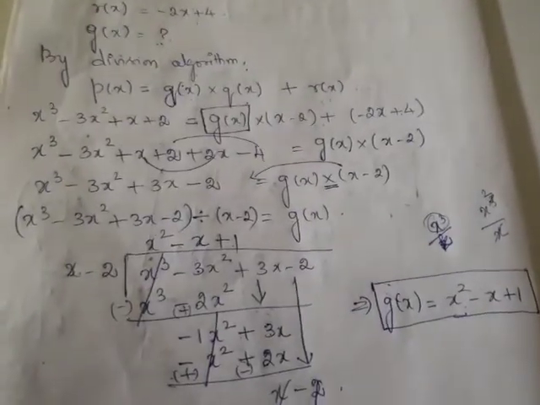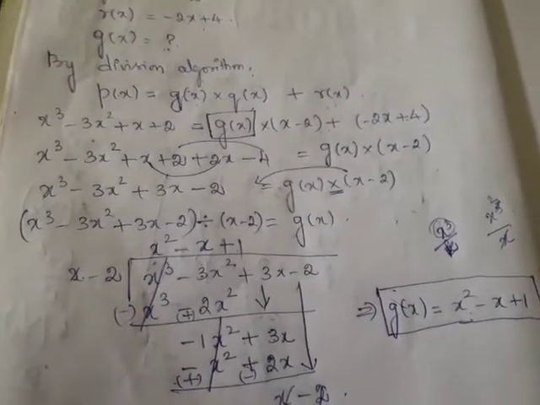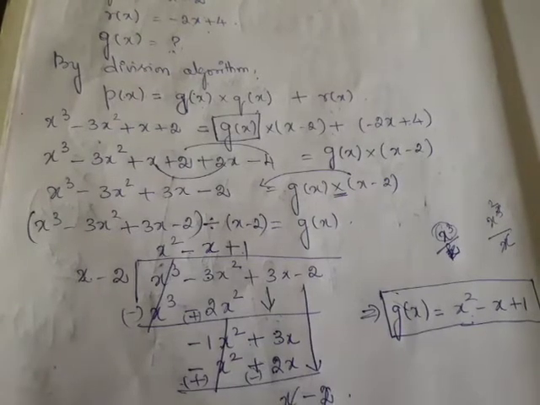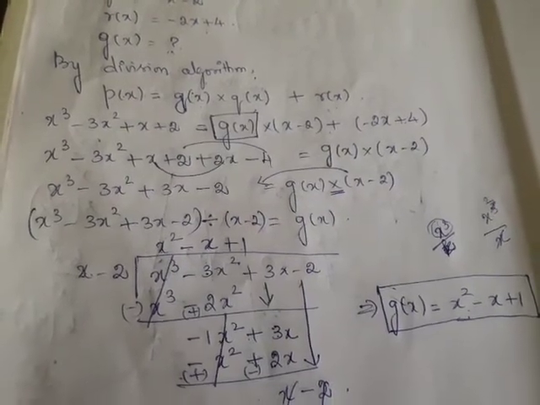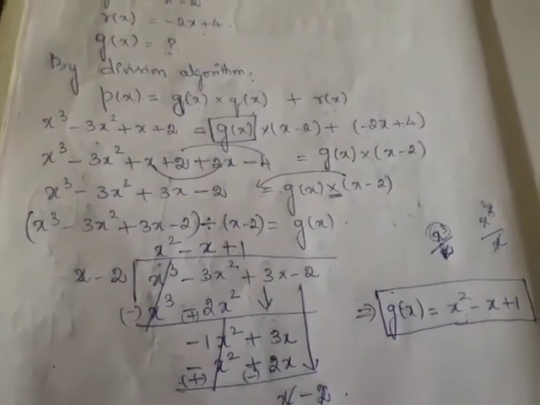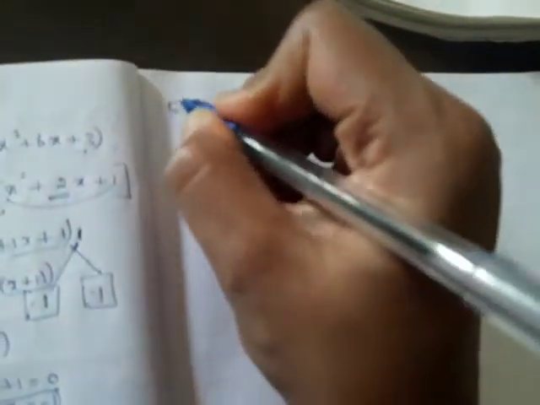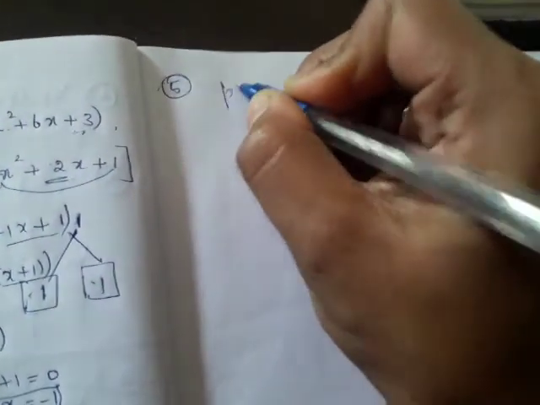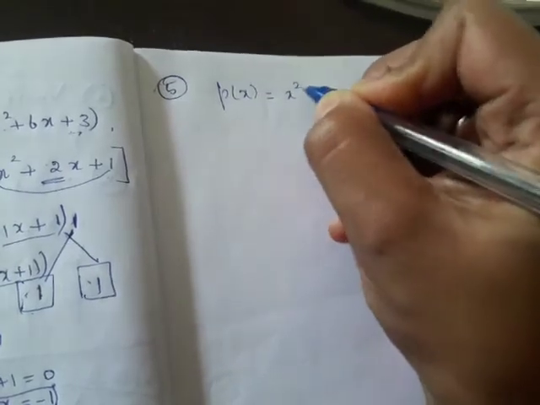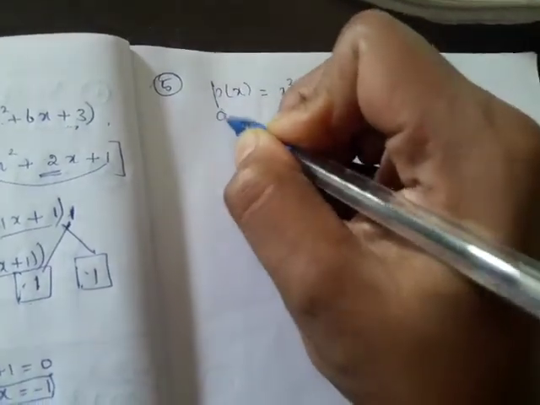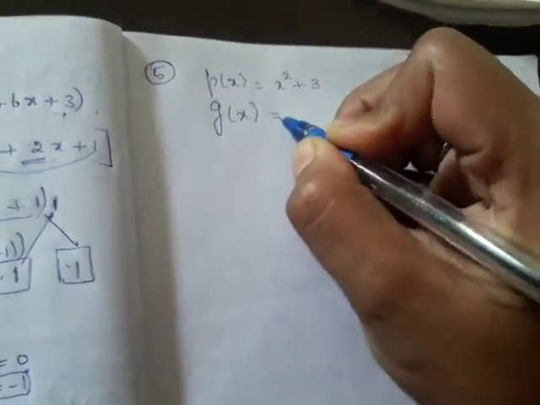So you give an example in such a way: p of x can be any polynomial, and when you define g of x, define a constant polynomial. For example, if you define p of x as x square plus 3, then define g of x as a constant polynomial.